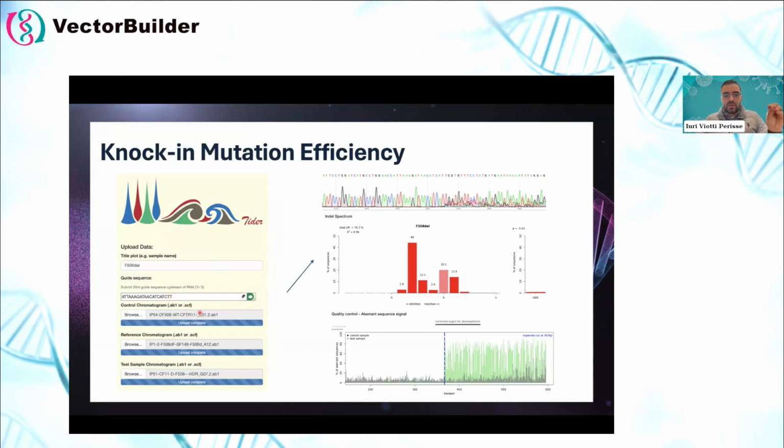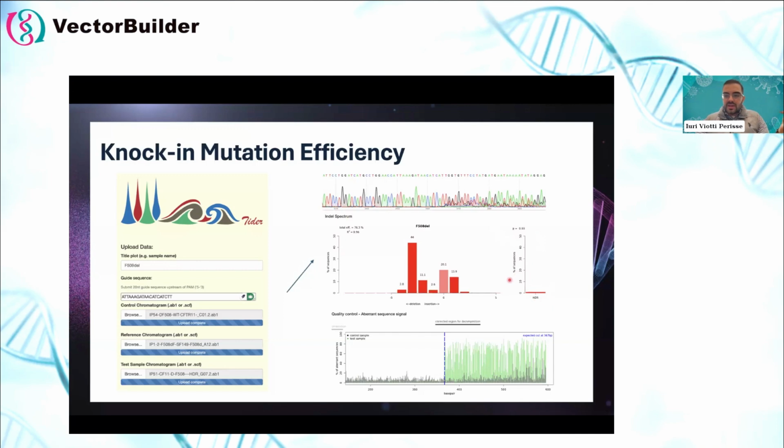We input the wild type sequence, the sequence with the genetic modification, and the chromatogram of the test that you did, basically the pool of cells that you got. So again, you're going to have that chromatogram nearly perfect up to the point where you start to have mutations, and the software is able to identify that mutation. But whoops, what happened here? Where's my HDR, my knock-in mutation, happening here?